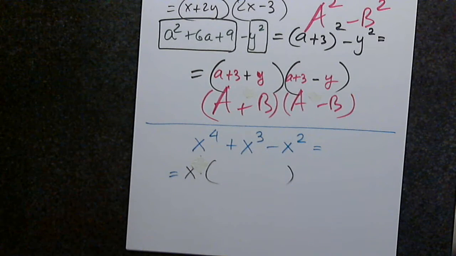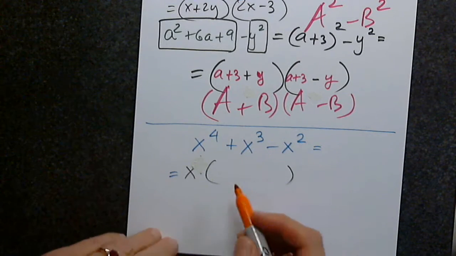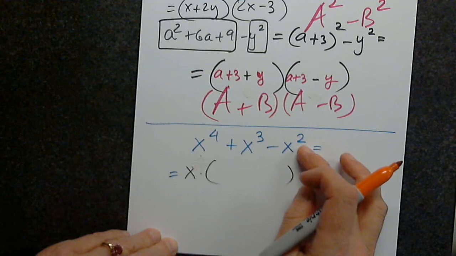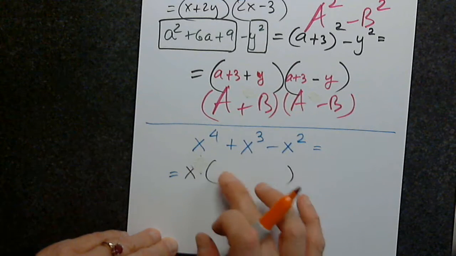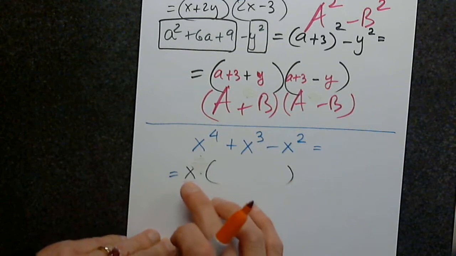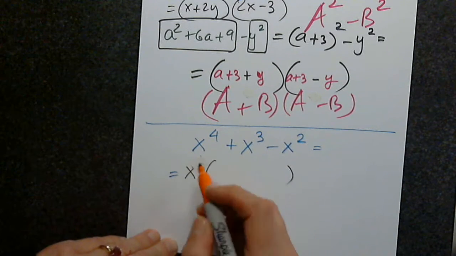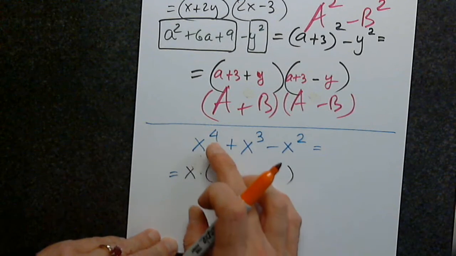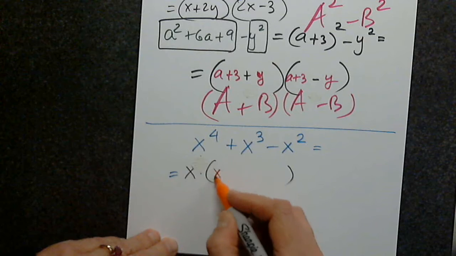and choose x squared as the common factor, which makes sense, then what do I have in parentheses? How many terms did I start with? I have to have 3 terms. X squared, I'm going to let it dry and I'll put a 2. X squared times what is x to the 4th? X squared. Right.